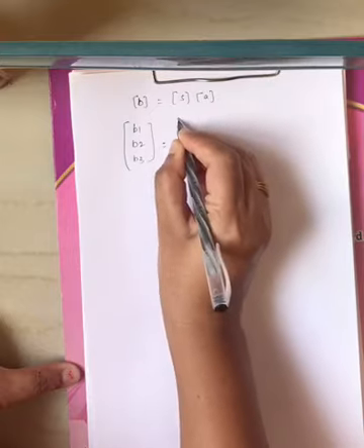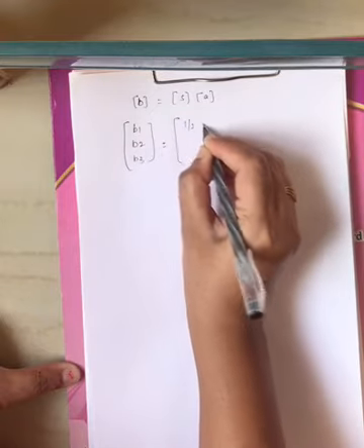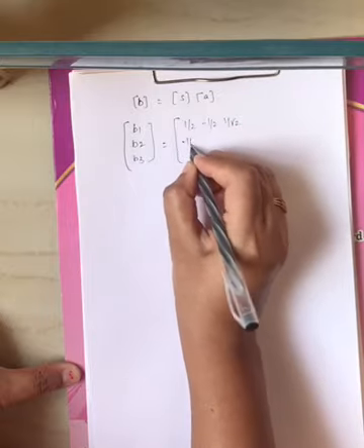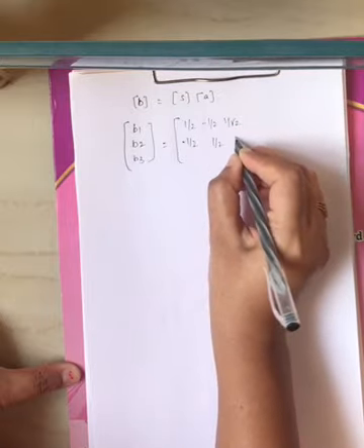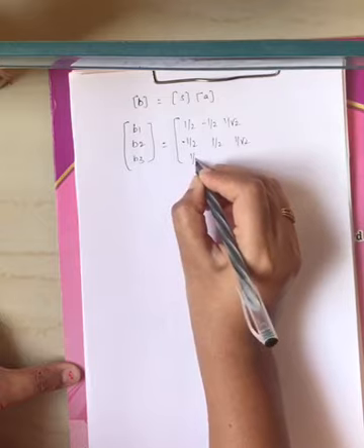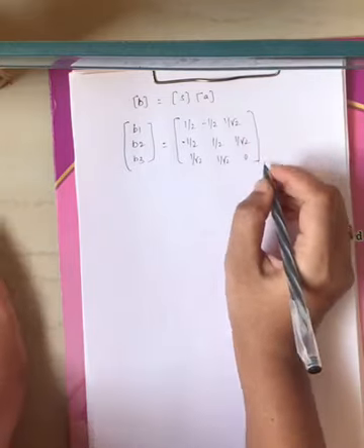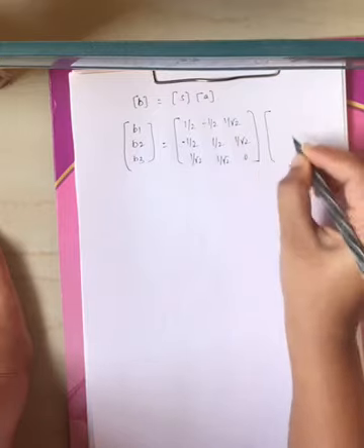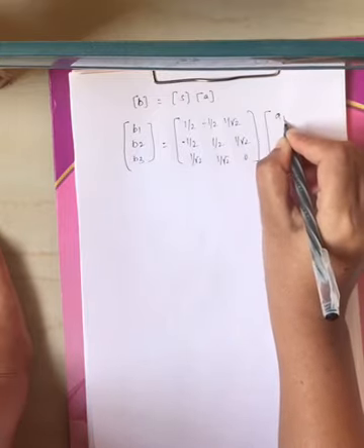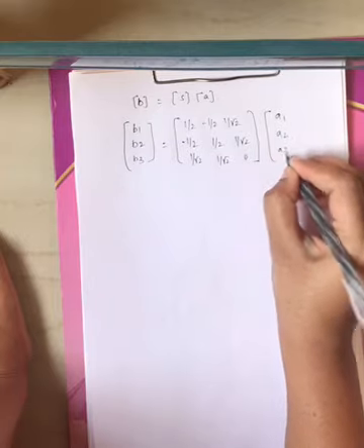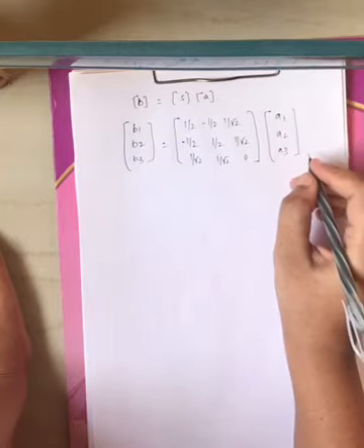Now what is the S matrix that we got? Half, minus half, 1 by root 2; minus half, half, 1 by root 2; 1 by root 2, 1 by root 2, 0. That we have derived till now. Now the input power through port 1 is a1, through port 2 is a2, and through port 3 is a3, right?